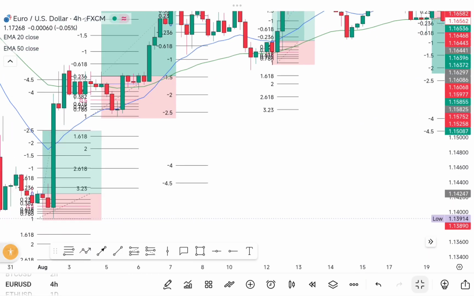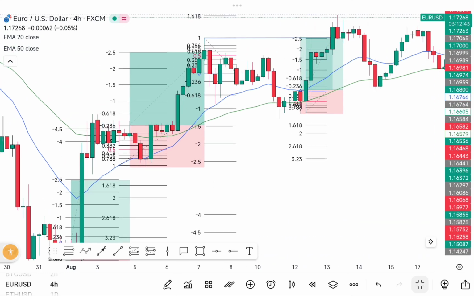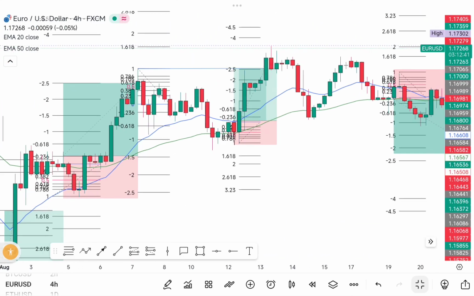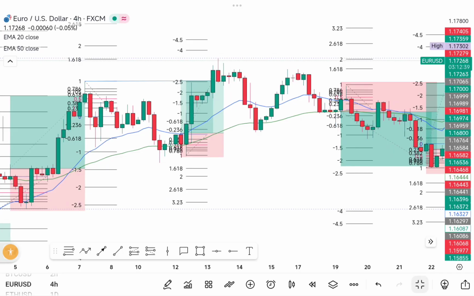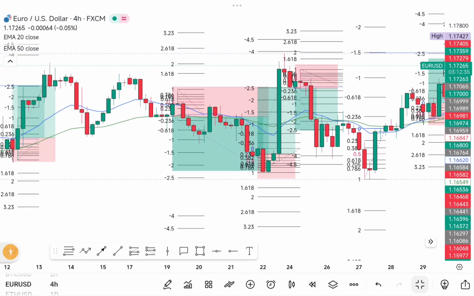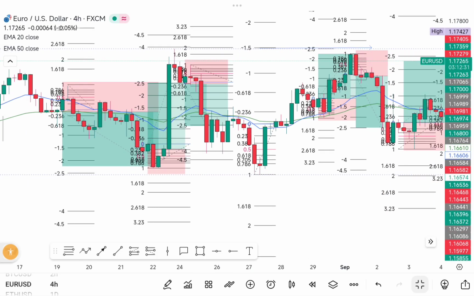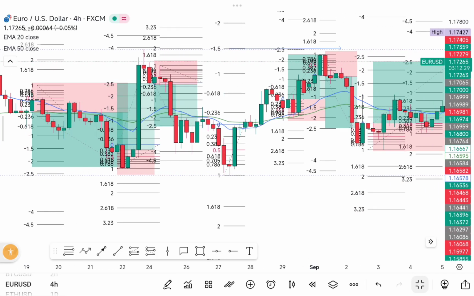It really takes a lot of patience and waiting, but it's worthwhile. I can assure you, out of every 10 trades you make with this strategy in the 4 hour time frame, the winning rate is more than 60%.